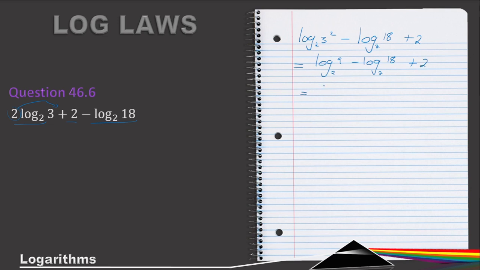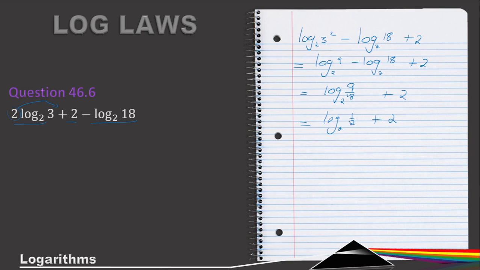And this becomes log base 2, but then 9 minus 18, so the numerical values will divide. So 9 over 18. We still have that plus 2. This then just becomes a half. So this is log base 2 of a half plus 2.